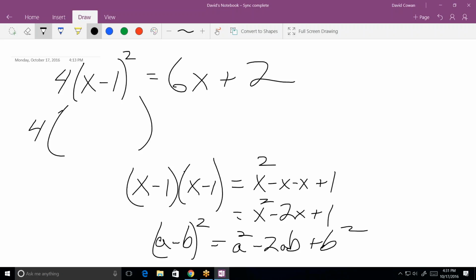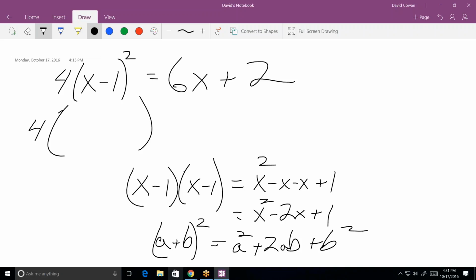That's a quick way to do it, and it's useful in the sense that you have to do this so many times. You might have to do this 1,000 times over the next 2 years. To have to FOIL it each time is a waste of time. You're much better off if you memorize these two formulas, a minus b squared and a plus b squared. A plus b squared, the only difference is that the middle term changed to plus, everything else is the same.